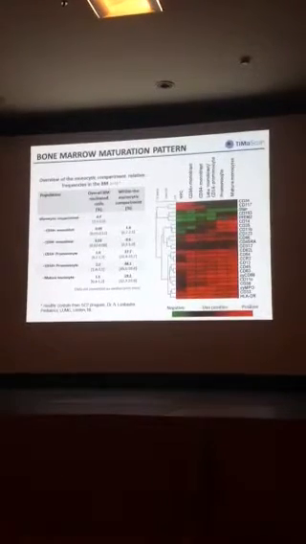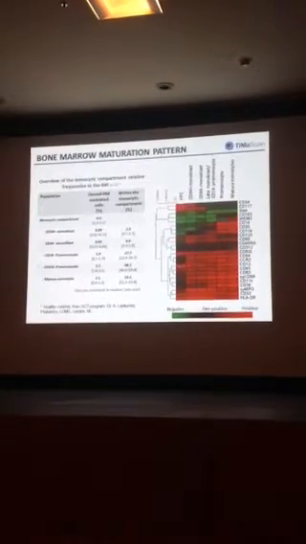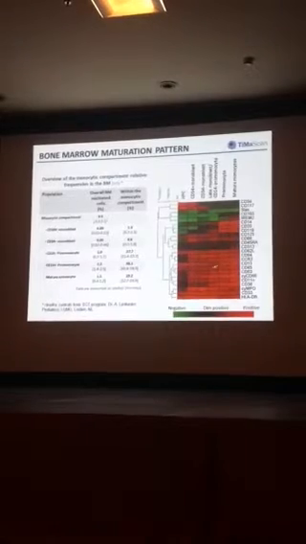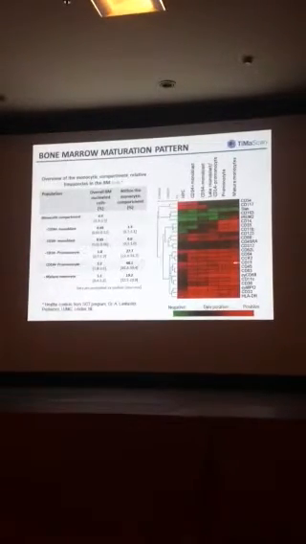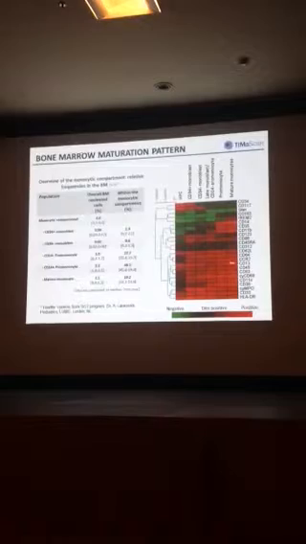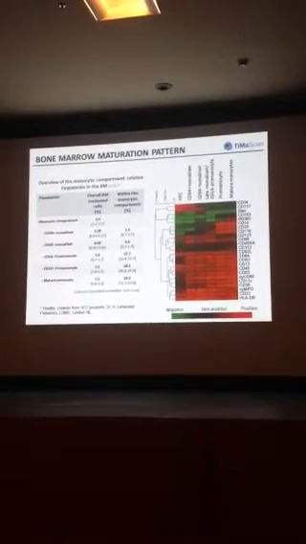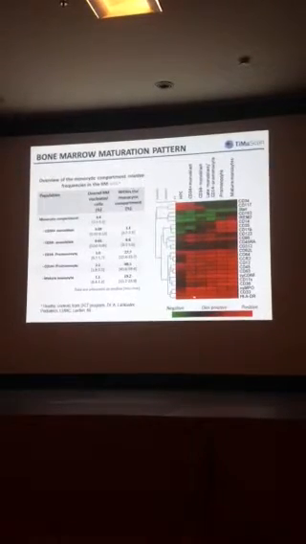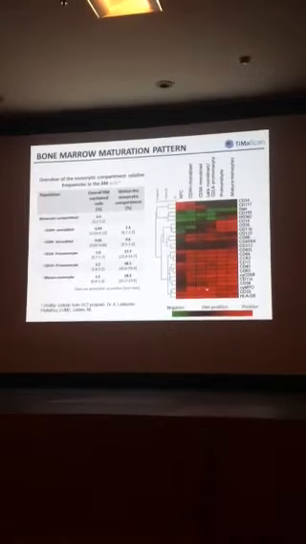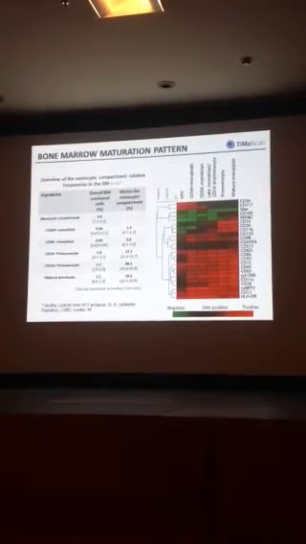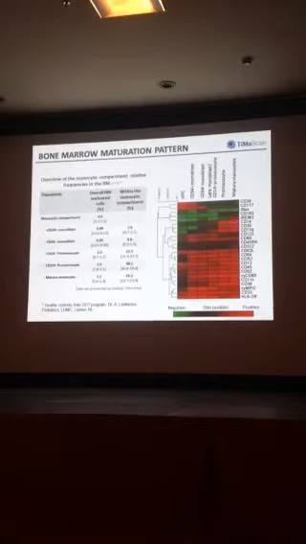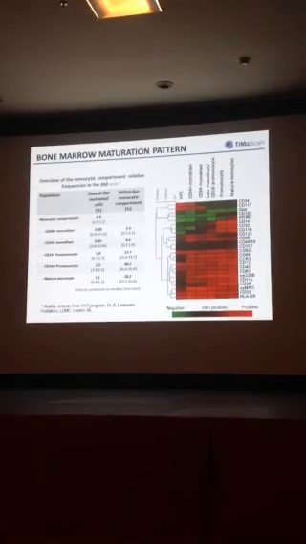CD13, like for the neutrophil maturation, has a high expression, then is downregulated in the middle, and then becomes upregulated again in the last stages of maturation. And the MPO, like for the neutrophil maturation, is higher in the beginning and lower at the end. So it's produced at relatively early stages, and after that, every time the cell divides, gets half.